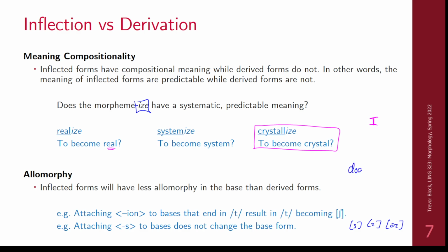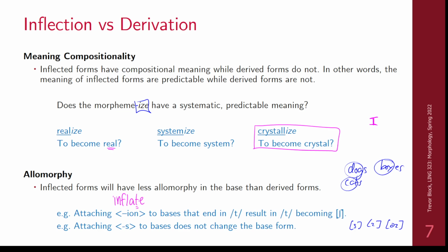So whether it's dog to dogs, or cat to cats, or box to boxes, the actual lexeme itself that you start with does not change. But with derivations, you might see that. So with a word like inflate, you can see how the T at the end is a T, inflate.